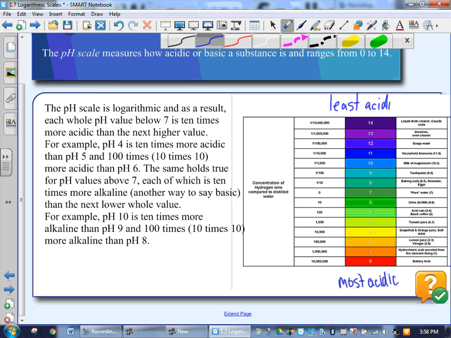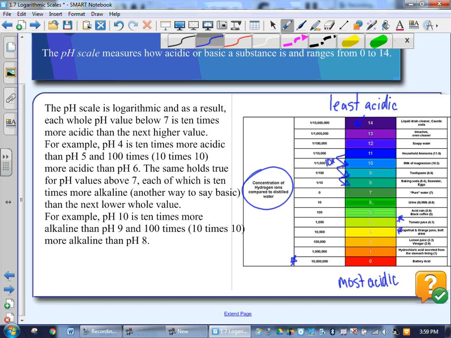Also make note that the concentration of hydrogen ions compared to distilled water is very, very high when things are acidic. As we go down one step on our scale, things become 10 times more acidic. So if I want to know how many times more acidic a grapefruit is than tomato juice, well, it's got to be 10 times more acidic.